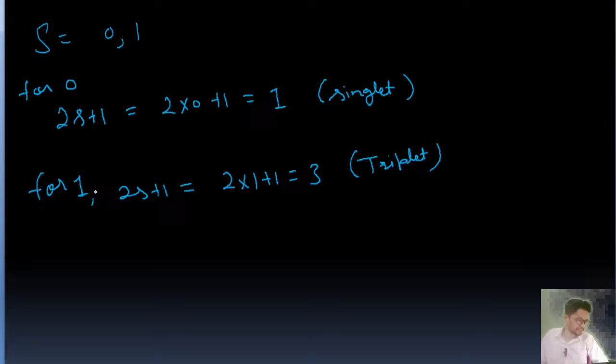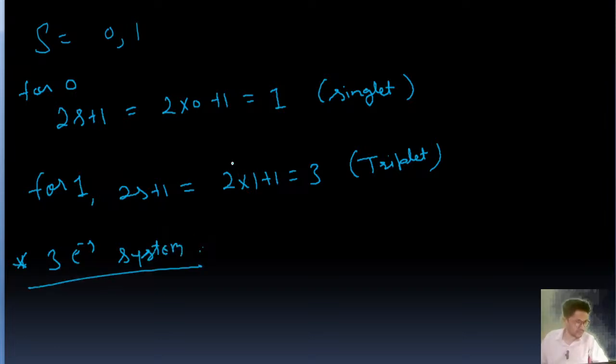Okay. Now for three electron system, or three electrons atom, this is going to be S1 half, S2 half, and S3 half.